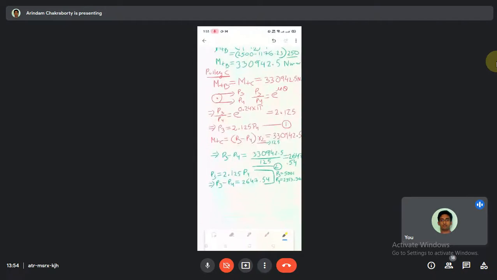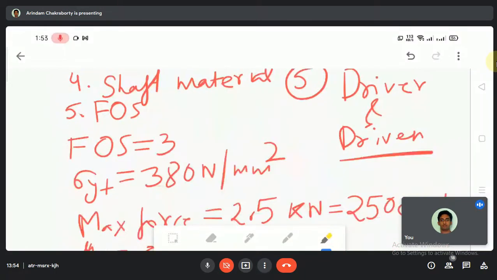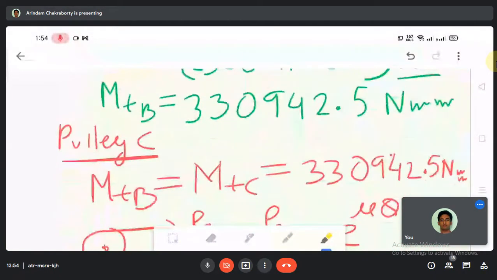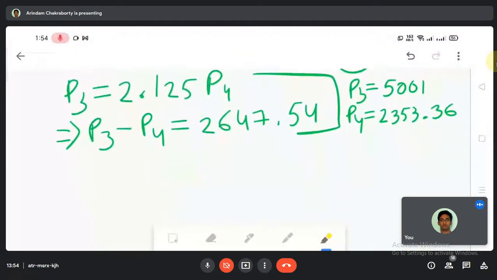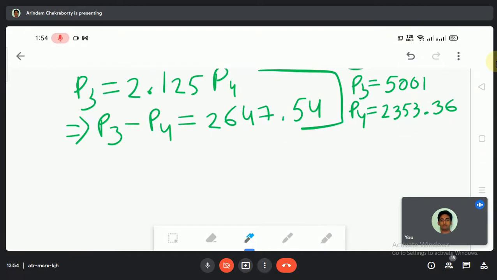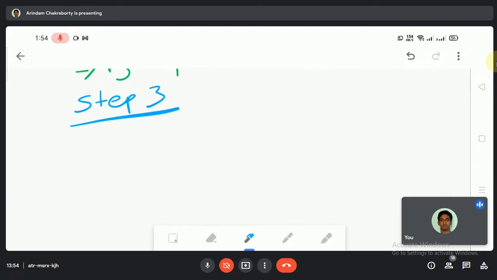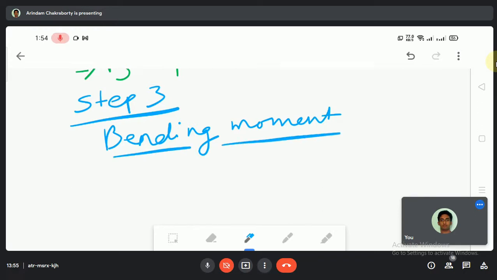After doing this one, now the third part comes, which is one of the most important parts. So the next part is step 3, where we will be talking about the most important step, that is the bending moment.